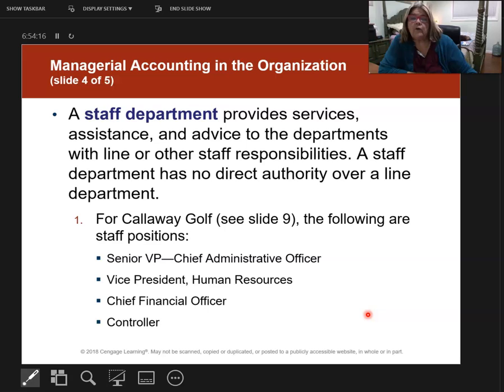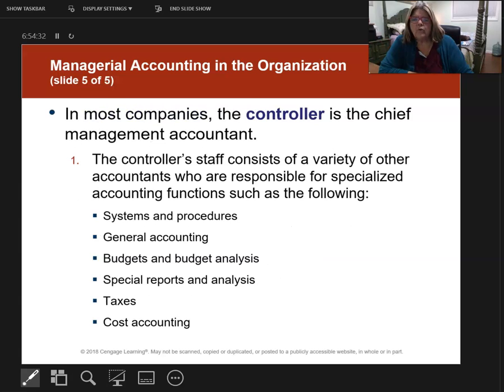Based upon the org chart, my staff positions are the VP of HR, the CFO, and the controller, because they help and assist other departments in the company. I'm not going to really talk about all this stuff on managerial accounting and the organization. I don't test on this. It's good to know, but you don't really need to know it for this class.